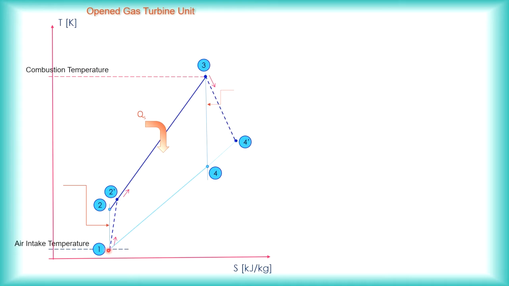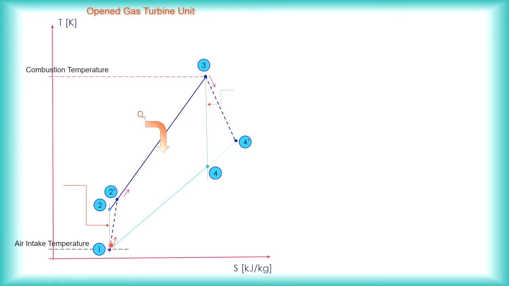Now, if we are looking at a gas turbine unit, it will start at point 1 and then go through an irreversible compression to state point 2 prime. This is due to internal friction, and it causes a certain amount of irreversibilities.